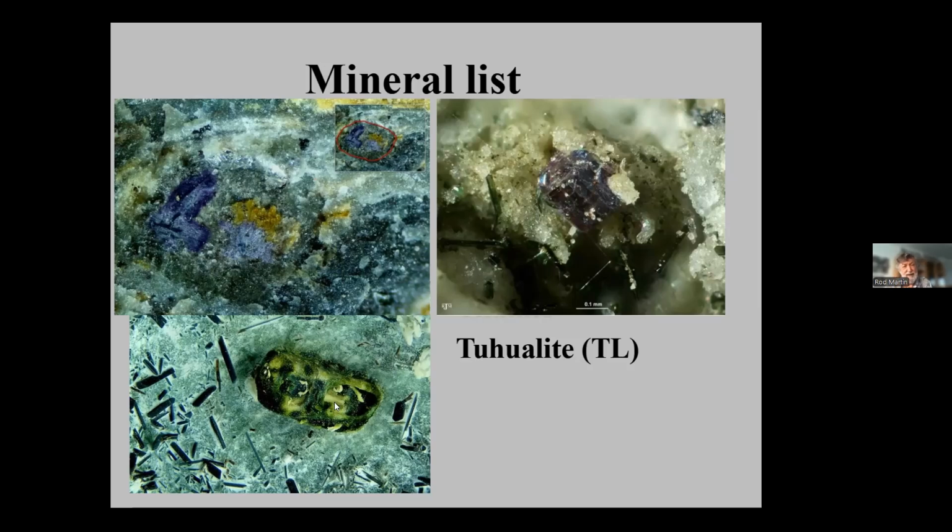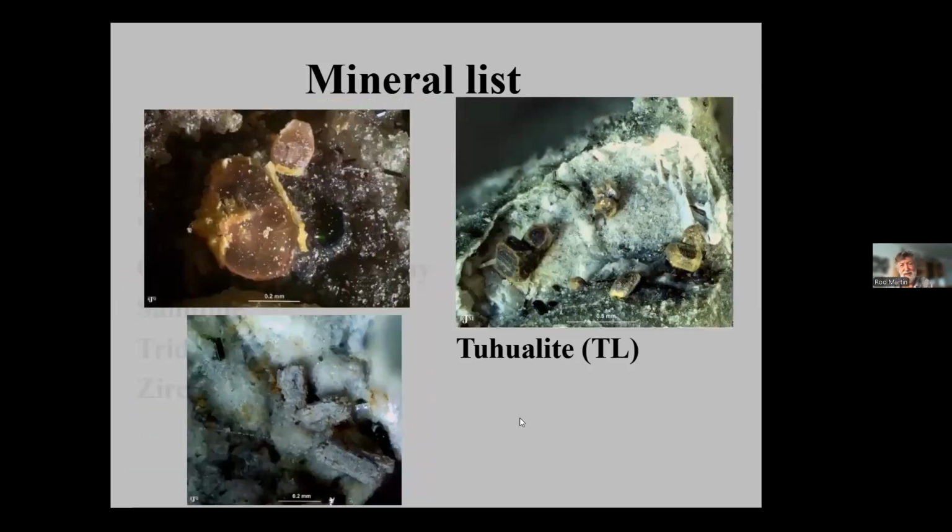I think these are enigmatites around here, but that's actually a tuhualite as well. And I said that tuhualites are pretty good at hiding themselves, and you can see here, we saw earlier the completely brown ones. Here you've still got the purple faces. It's just the interfacial angles that have turned brown.